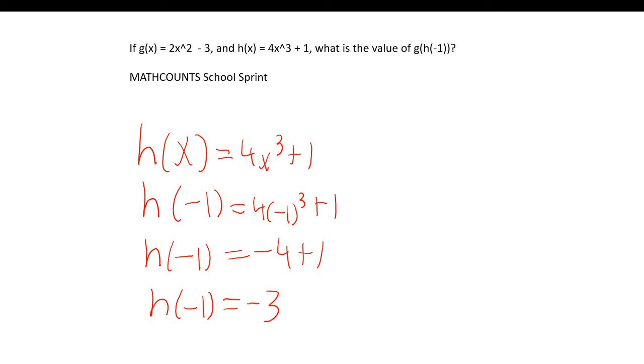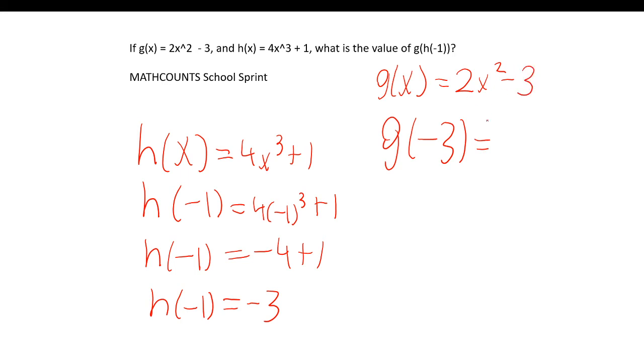Now to evaluate g of h of negative 1. H of negative 1 is negative 3, so we're evaluating g of negative 3. Now we know g of x is equal to 2x squared minus 3.